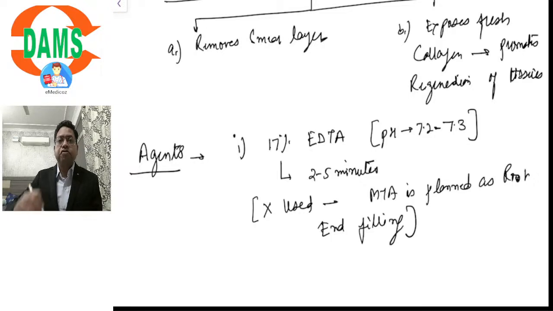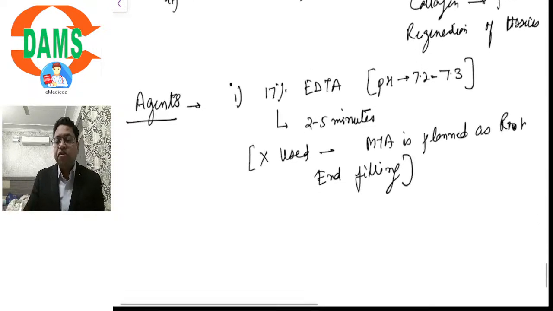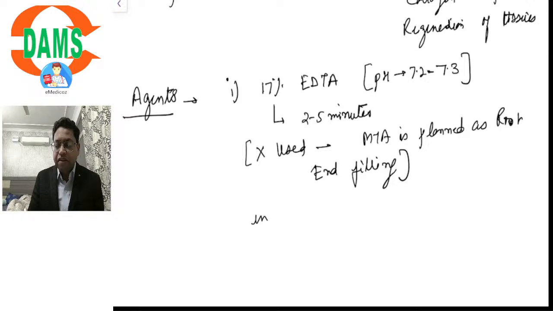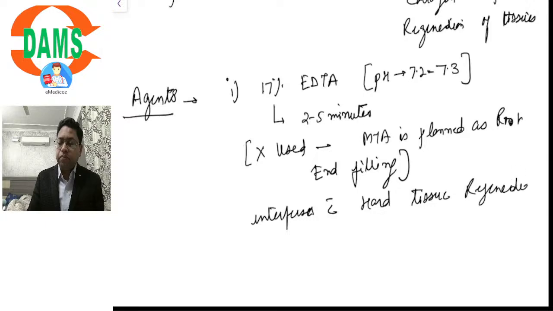When we are planning to use mineral trioxide aggregate as a subsequent material to fill the root end cavity, it is not recommended to use EDTA as a conditioning agent. Why? Because EDTA interferes with the hard tissue regeneration property of MTA.